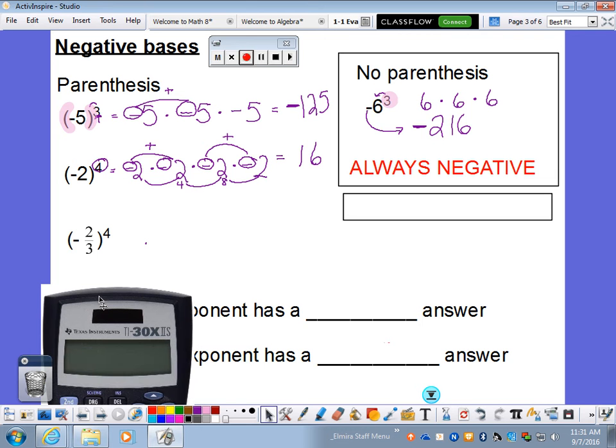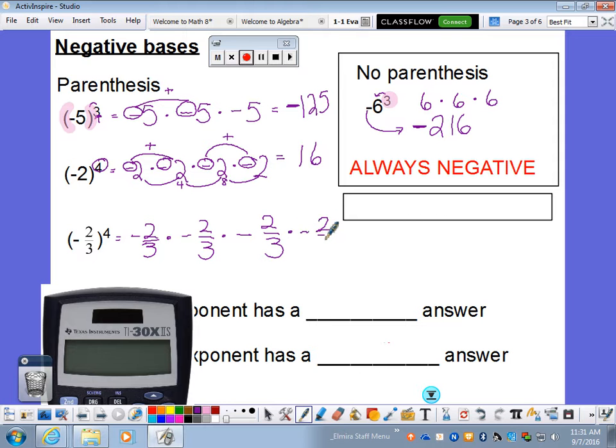Okay, so let's look at negative 2/3 to the fourth power. So that means negative 2/3 times negative 2/3 times negative 2/3. So let's think about our signs here. We've got, oh, one more. Nope. Missed one.